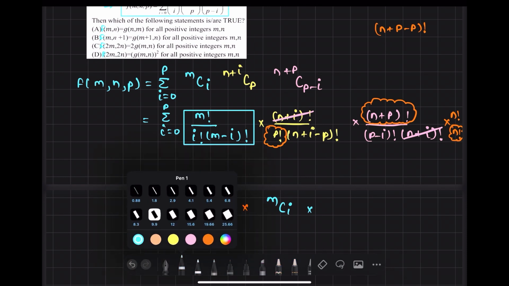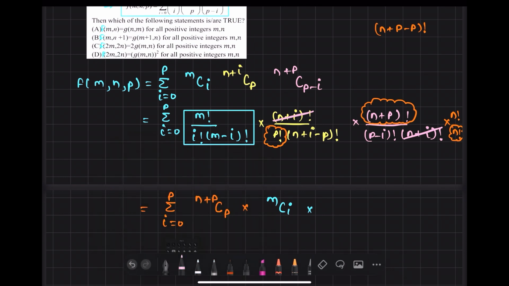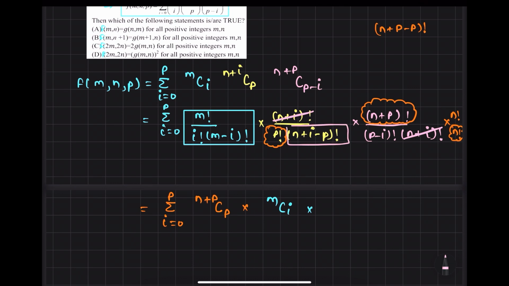Now look at this. What component do we have? We are left with this, this, and this. Now look at this. This is n factorial, this is (p minus i) factorial, and don't you think it is (n minus p minus i) factorial? So can I say that it is nC(p minus i)?